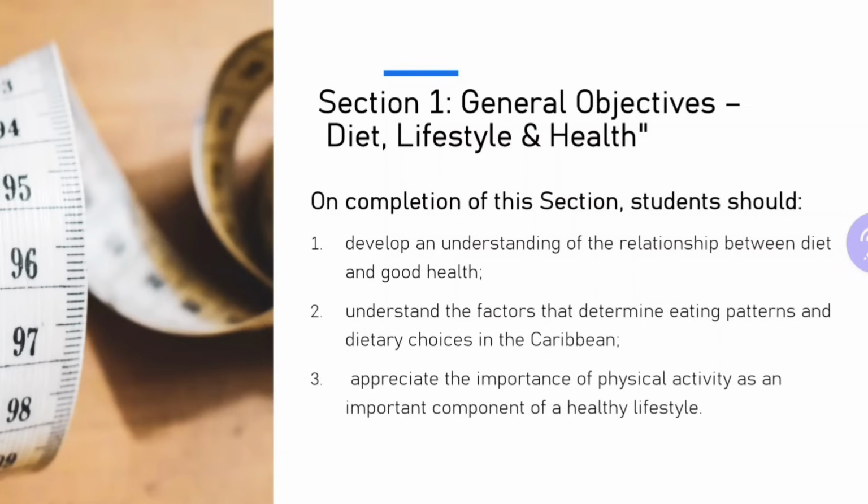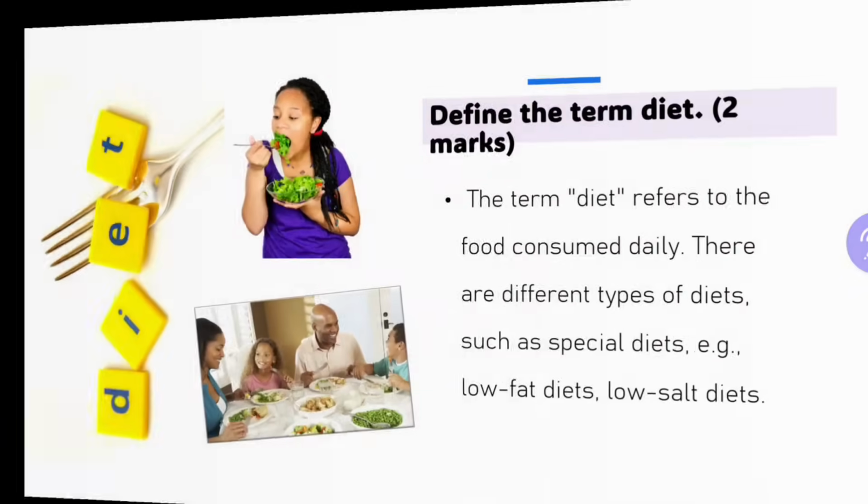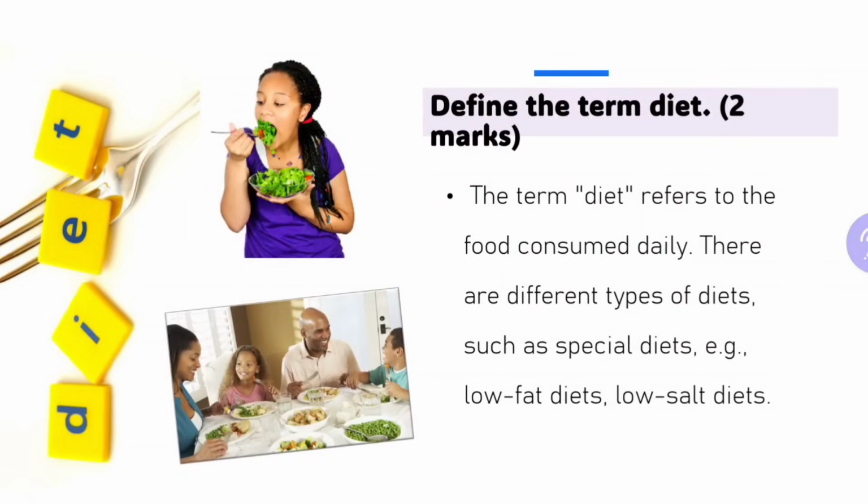All right, now let's look at the ideal responses. So the first one says, define the term diet, and that is 2 marks. Now my suggestion is try to give 2 points in your definition, even though you're just defining, right? So that you can get your maximum mark and not only 1 mark. So for instance, let's look at this response. The term diet refers to the food consumed daily.